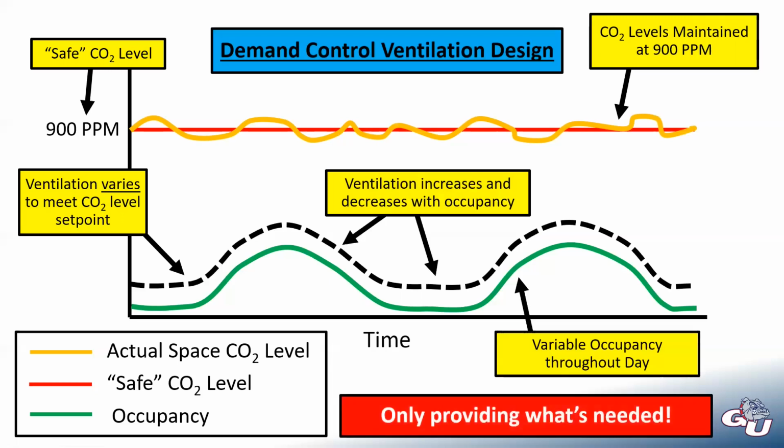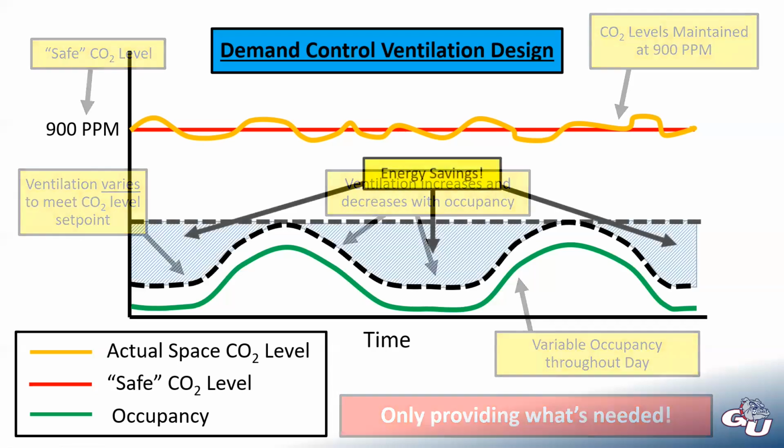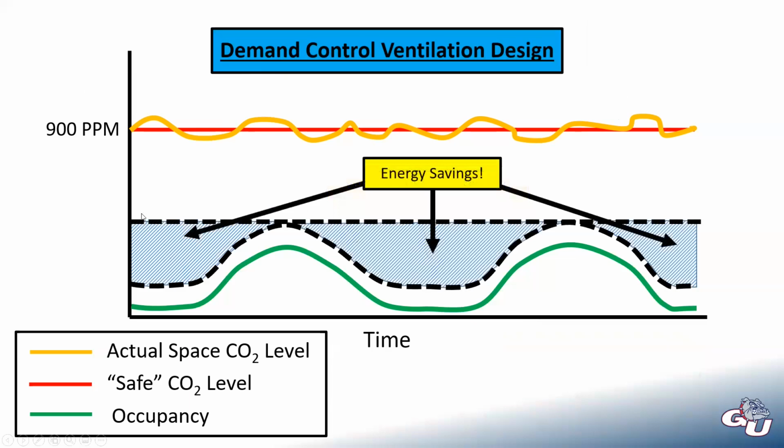But the idea is we're only providing what's needed to maintain that 900 parts per million, because that is what is deemed an acceptable indoor air quality. And the savings, if we compare a constant ventilation here as our flat line as compared to our variable ventilation, you can see they still hit the same peaks when the room's fully occupied, but this hatching shows how much savings you could see.